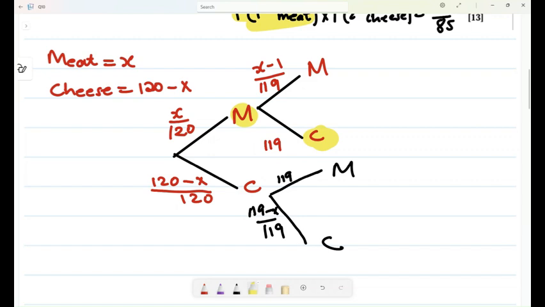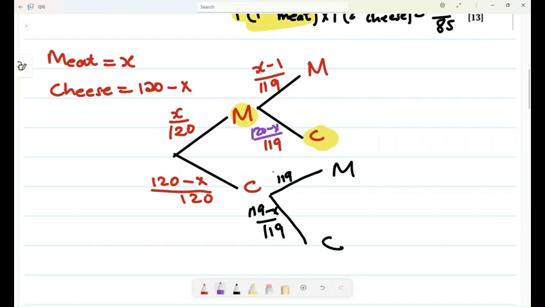Because now, if you took meat first, as you come back again, let me use a different color. As you come back from the cheese, you're going to take this as it is. I want to believe that you're going to take this as it is, like 120 minus x, because at first you did not choose a meat at all.